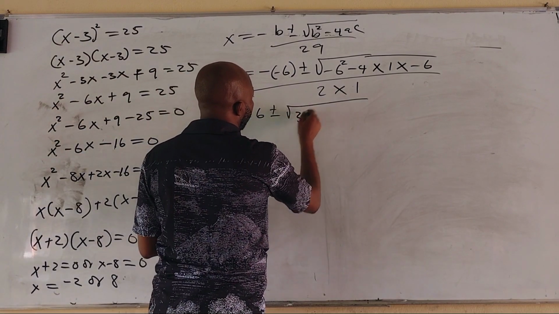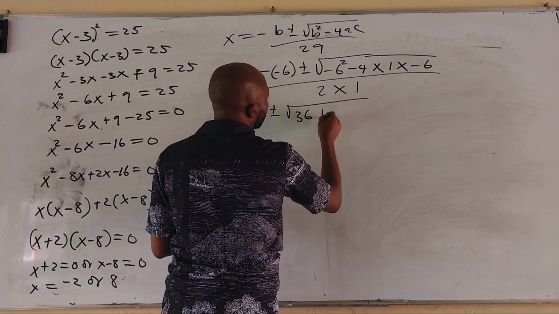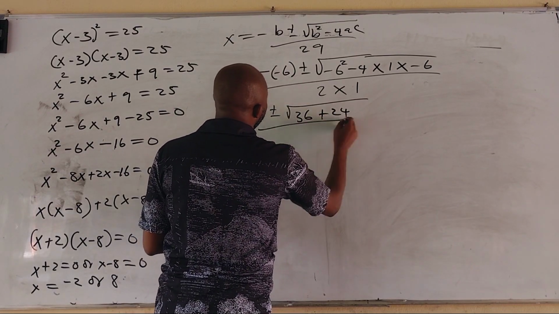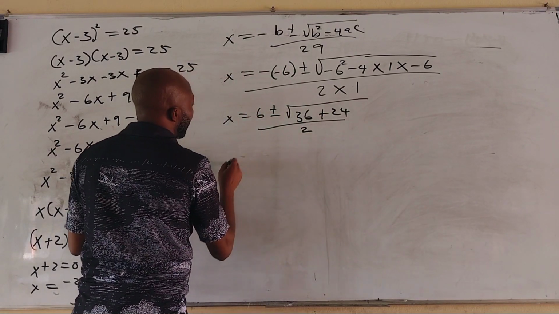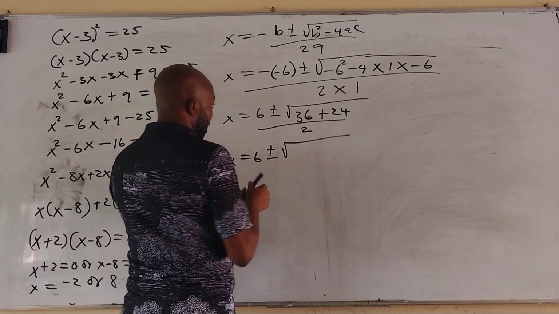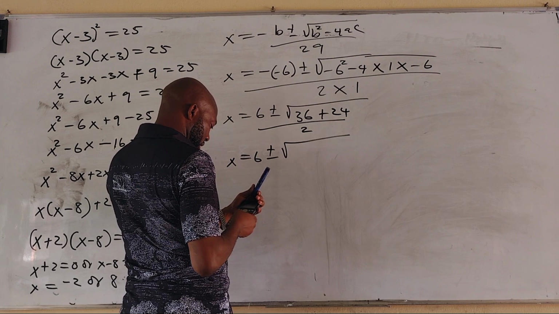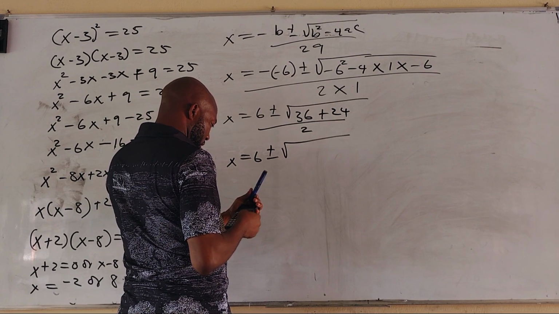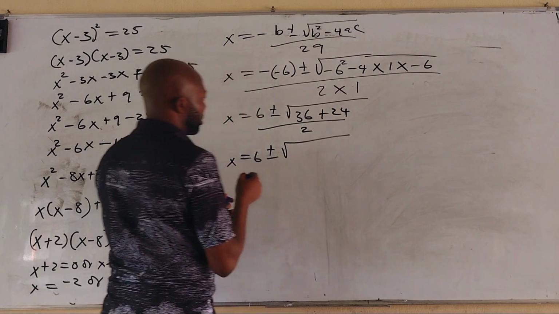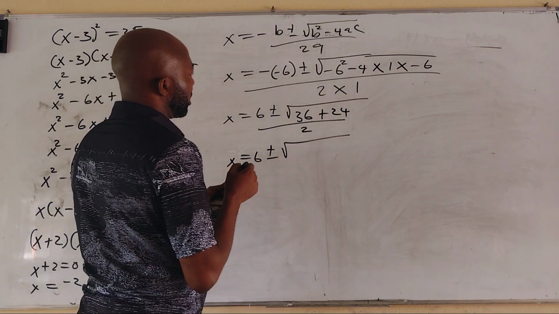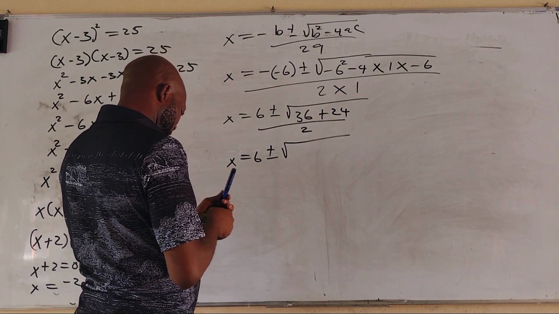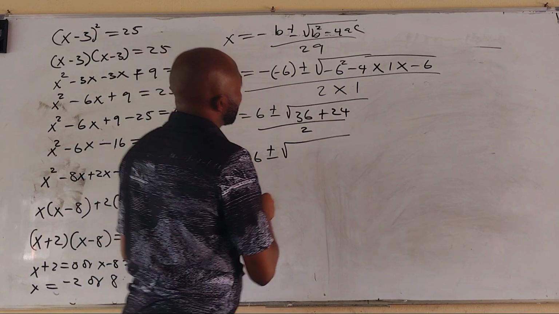Minus and minus is plus. 4 times 6 is 24. All over 2. X is equal to 6 plus or minus the root of 36 plus 24. 36 plus 24 is 60. 6 squared is 36.